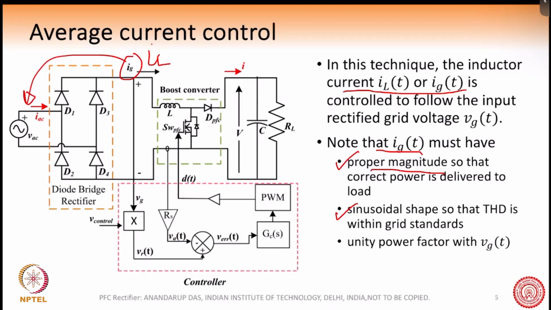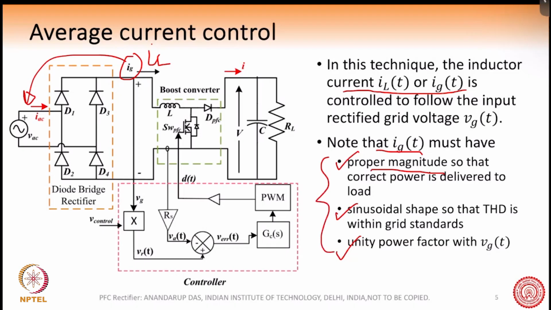That is the second requirement: as far as possible, we should make the waveform sinusoidal. The third point is that it should be at unity power factor, because usually these kinds of rectifiers operate close to unity power factor, like 0.98 or 0.99. So we have these three requirements.